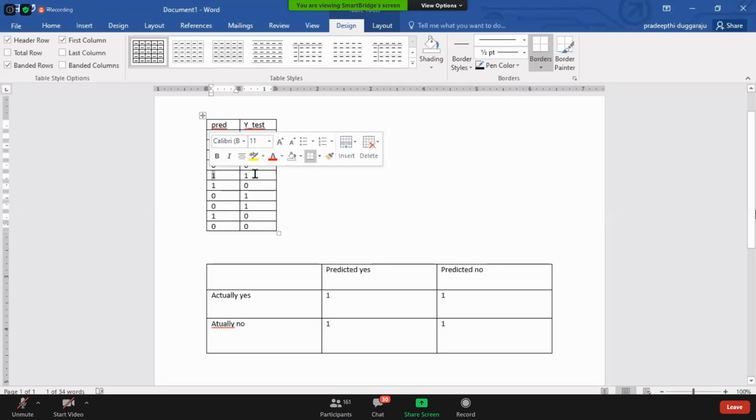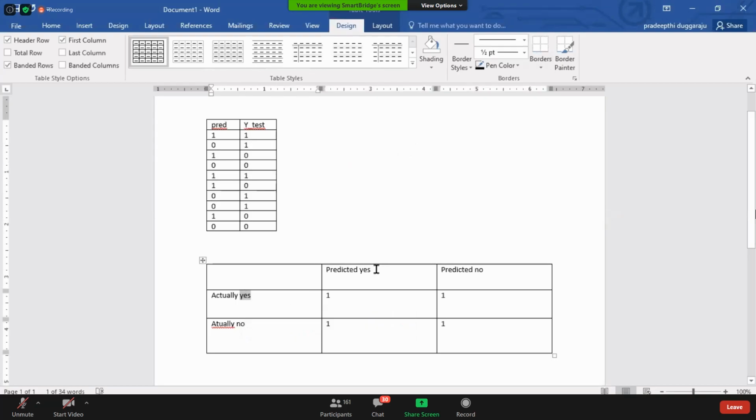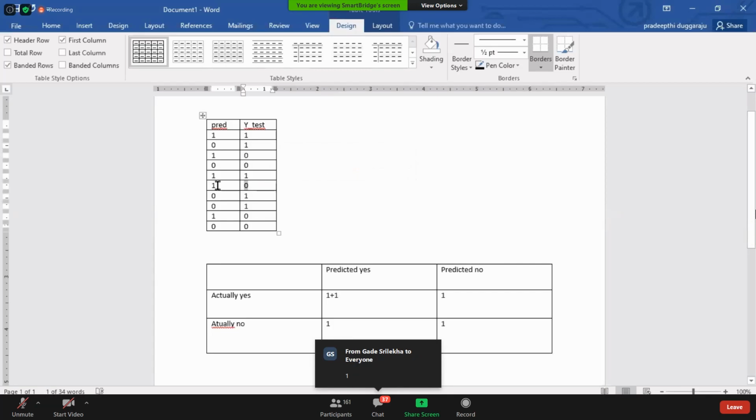Now next one. Actually, it is 1, and predicted also it is 1. So where am I supposed to put this cell now? Actually yes, predicted also yes. So that is in the first column. Plus 1. Next. Actually, it is 0, but predicted as 1.